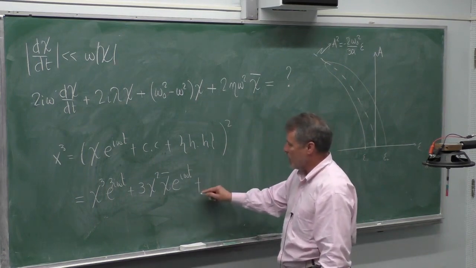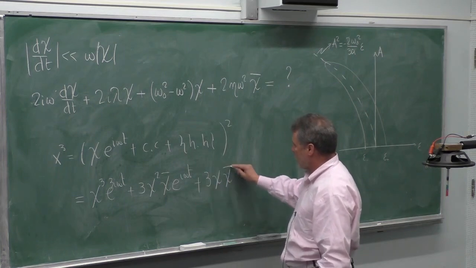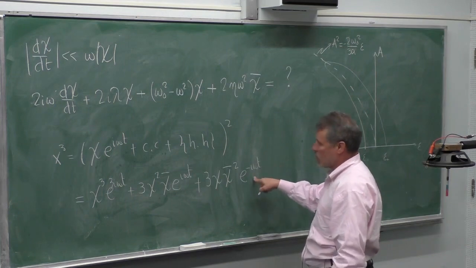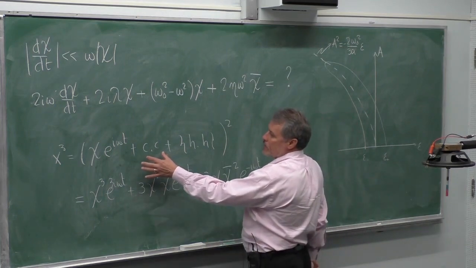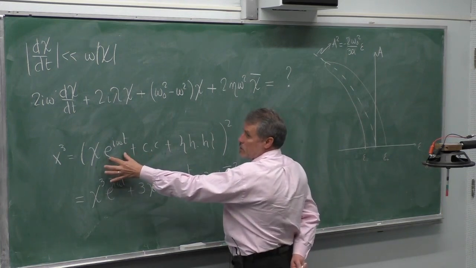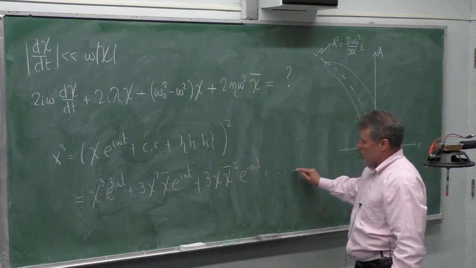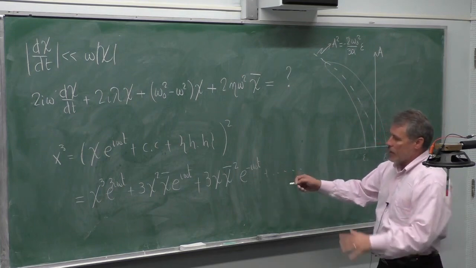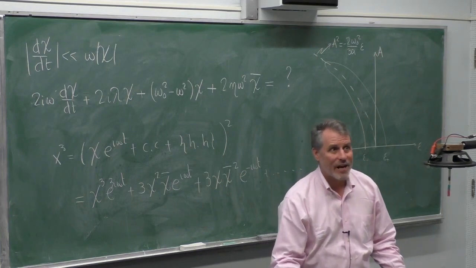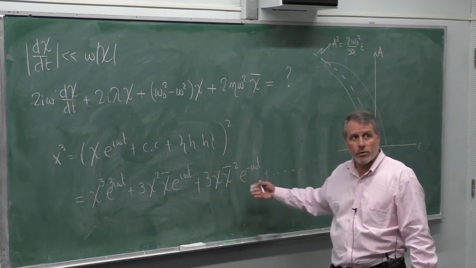Then we're going to have a similar term which goes like 3 χ complex conjugate squared e^{-iωt}. This comes because we're taking the square of this, which goes as e^{-2iωt}, times e^{iωt}, which brings out e^{-iωt}, etc. Terms that do not pick up an e^{iωt} term are very small, because the higher harmonics contribute ever so little.